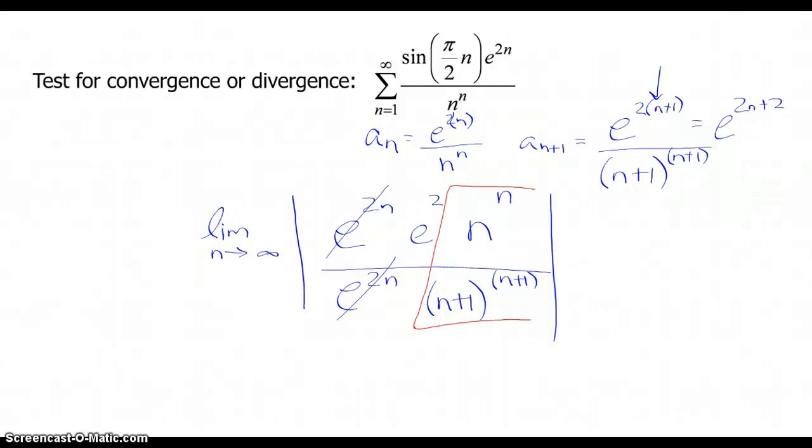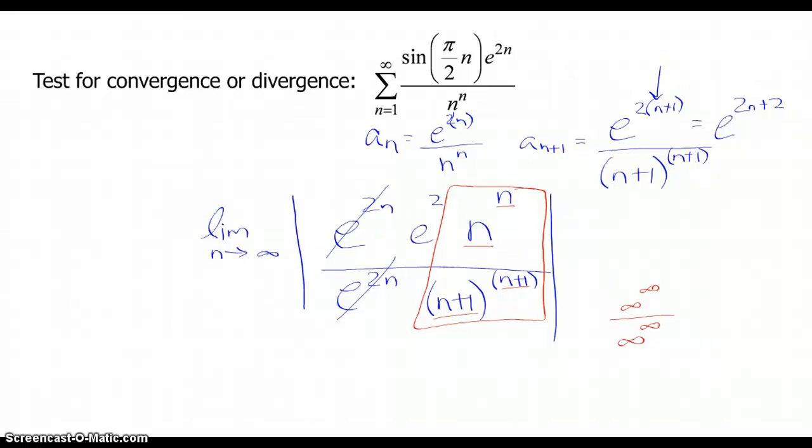Here's our big question. Does that act like 1? Are those two things going to cancel each other out? Well, inside the limit, those are indeterminate forms. This is infinity to infinity, and this is infinity to infinity. So the question is, does infinity raised to the infinity power over infinity raised to the infinity power equal 1?